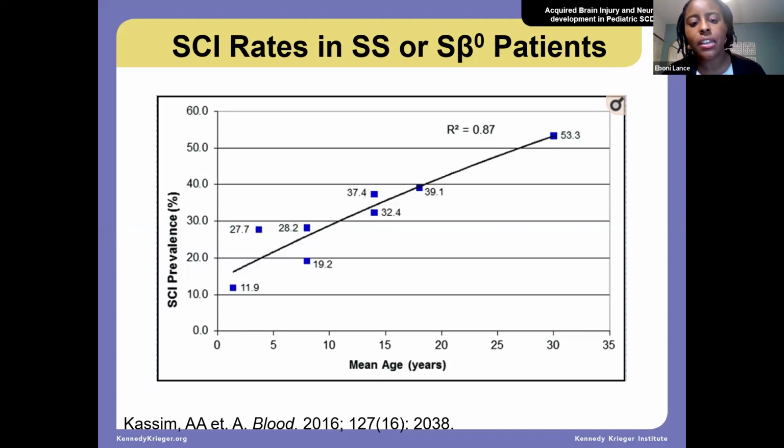So in children around 5 years of age, about a quarter of them have already had at least one silent stroke if they have SS or S beta null type sickle cell disease. By 14 years of age, 1/3 of patients with those subtypes have had at least one silent stroke. And then in adults over the age of 30, 50% of those patients have had a silent stroke. And so again, it's highly prevalent and prominent in these patients.